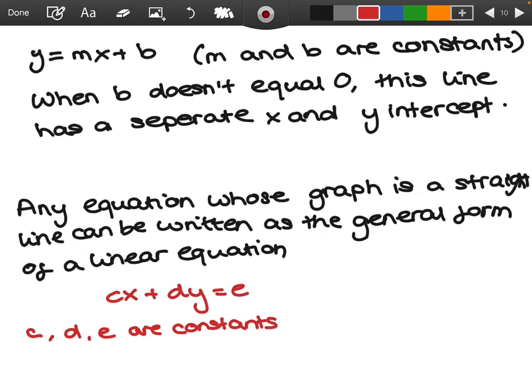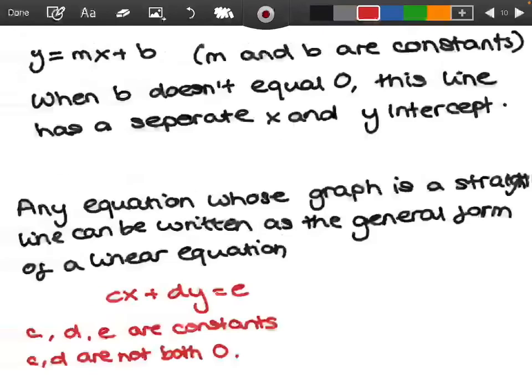Another point to note here: c and d are not both 0 at the same time. Otherwise, you would end up with some random constant e equaling 0, and obviously that does not make sense.